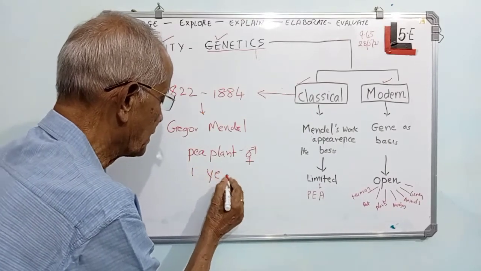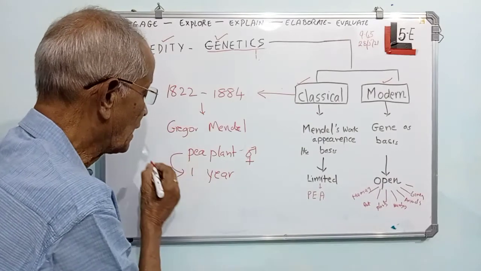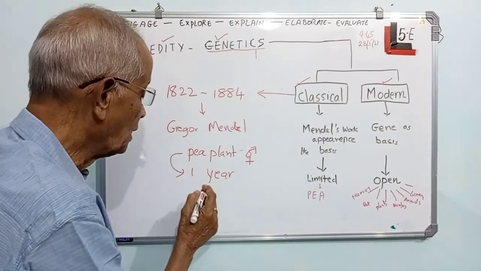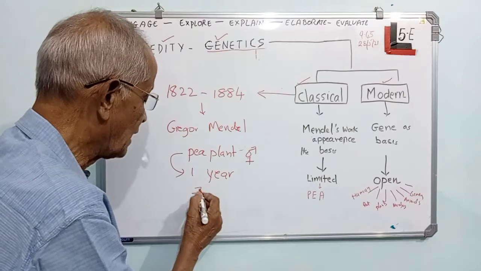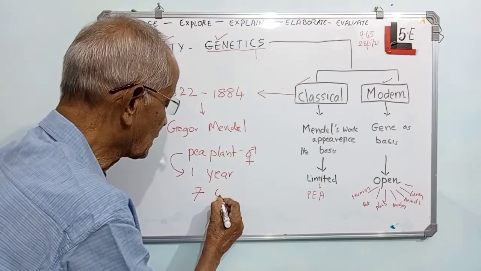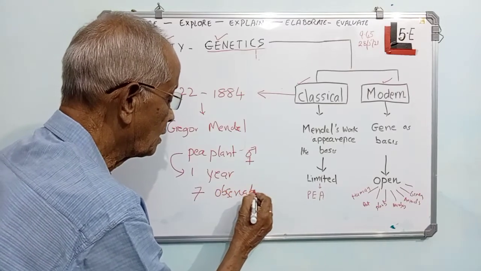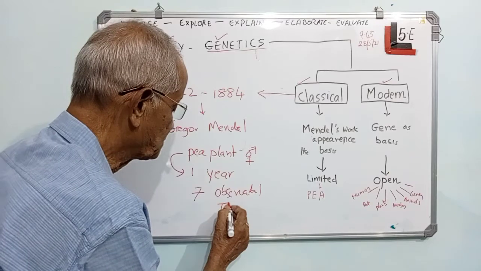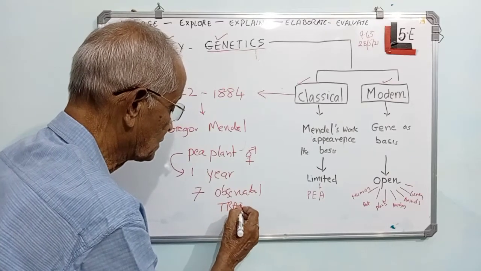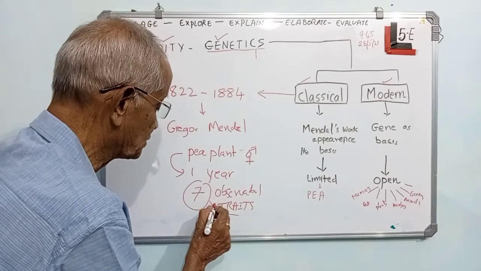Within 1 year, they can produce seeds, and the seeds can grow. Pea plants have 7 very clearly observable traits or characters.